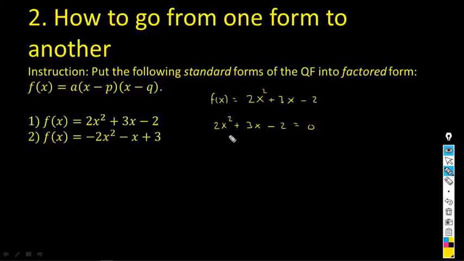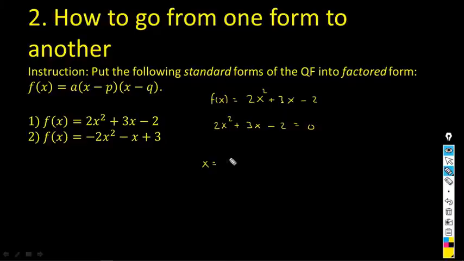Next, I want you to solve this quadratic equation, and in most cases, you're gonna require the quadratic formula. And that you should memorize by now. That's one of the few things that you have to memorize. So I'm gonna apply the formula already.